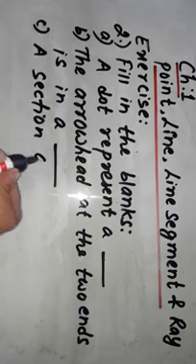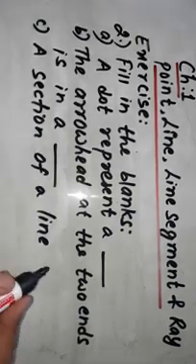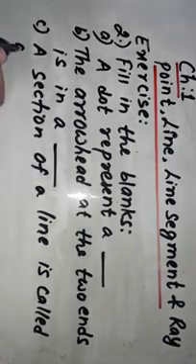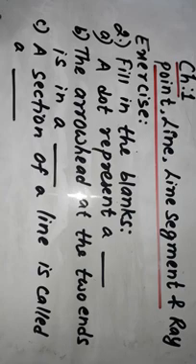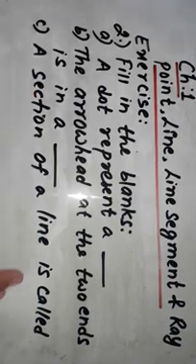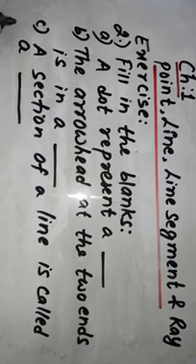A section of a line is called a dash. D number. A section of a line is called a dash.